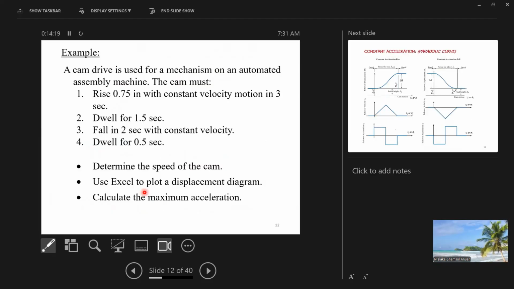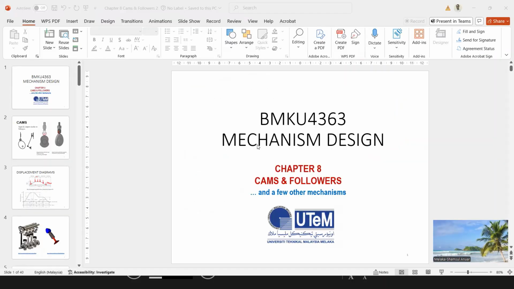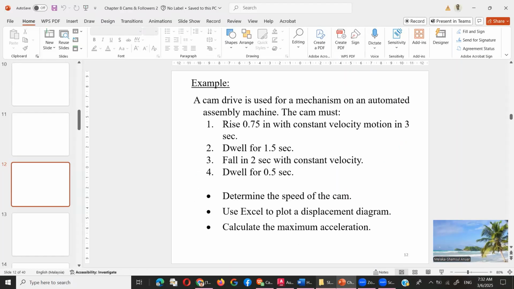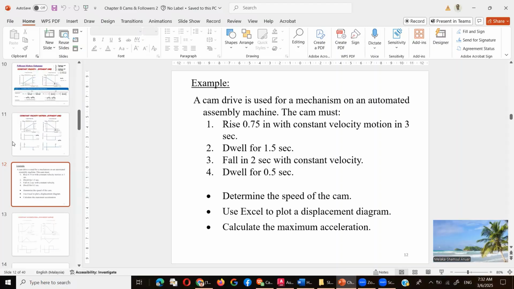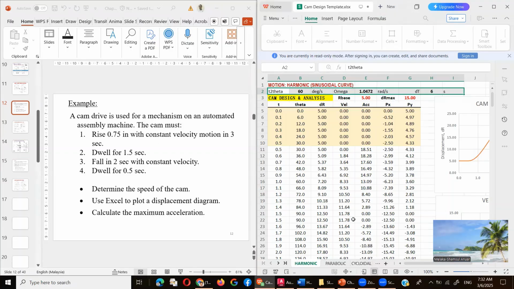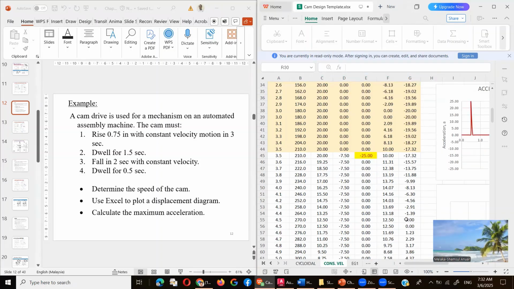Okay, I believe in the class we looked into this problem. Constant velocity, I guess.